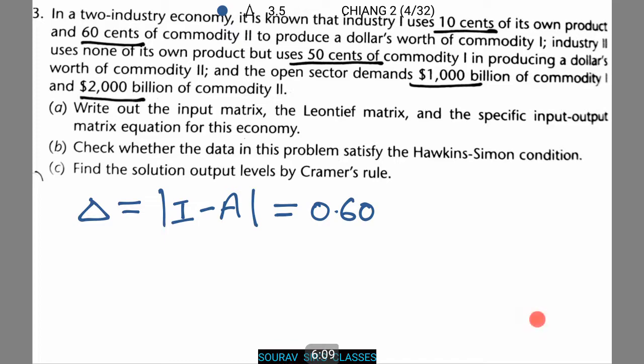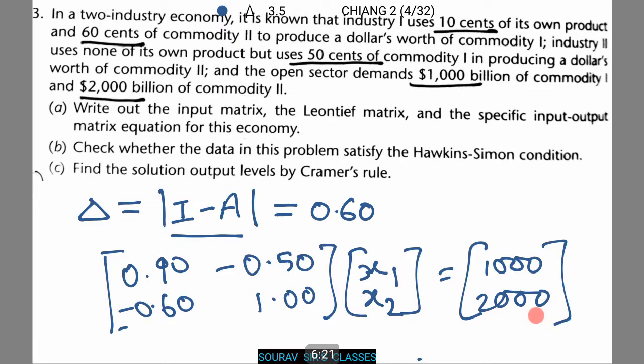Next, in the original Leontief matrix that we did, that is this one, I minus A, the 0.9, this was the equation that we had obtained. As I said, 0.9, minus 0.6, minus 0.5, 1 are our values.